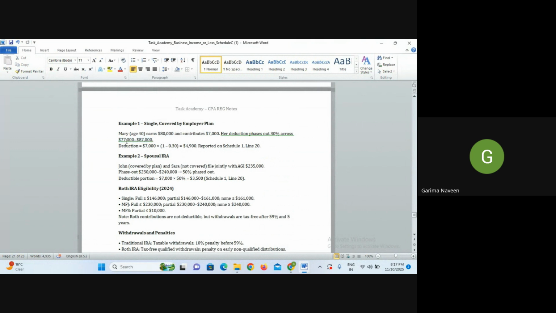Since your AGI is above $77,000, you have $3,000 of excess AGI. According to this, 30% of your contribution limit will get phased out, meaning you will get a deduction only up to this amount. Is it clear or not?